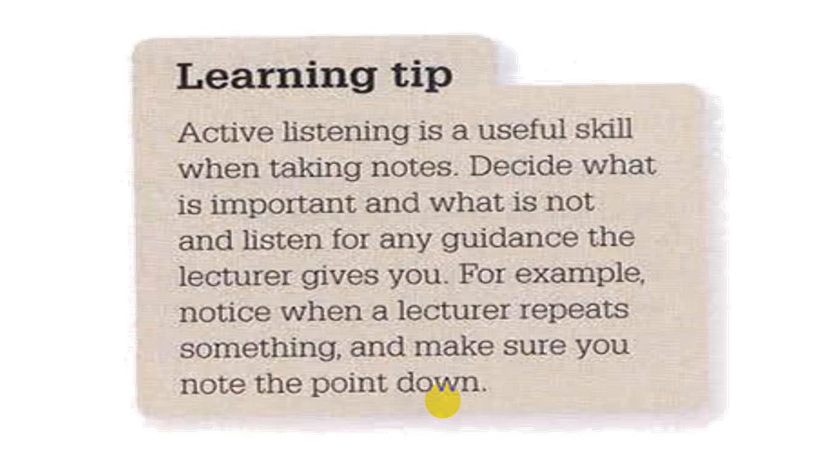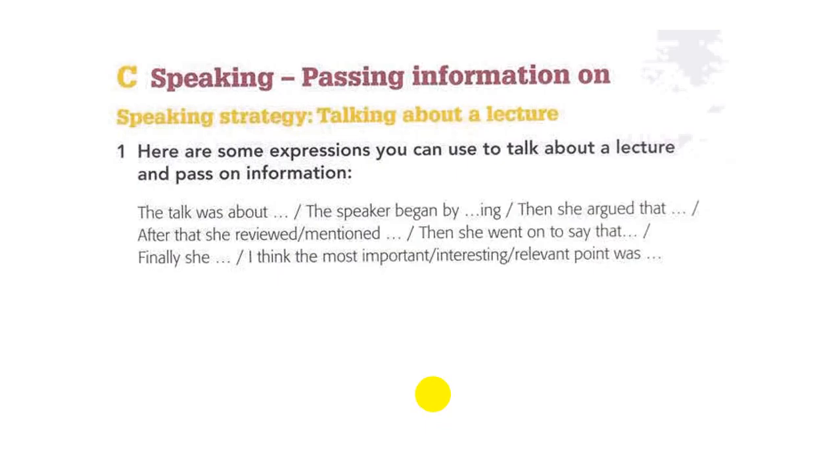So now let's move to Speaking C, passing information on. The speaking strategy used here is talking about a lecture. For example, you and your friend are going to talk about a lecture. Number 1, here are some expressions you can use to talk about a lecture and pass on information. For example, the talk was about, the speaker began by, for example, analyzing blah blah blah.